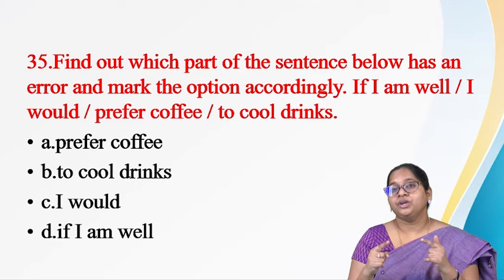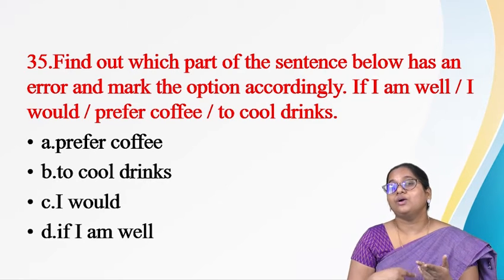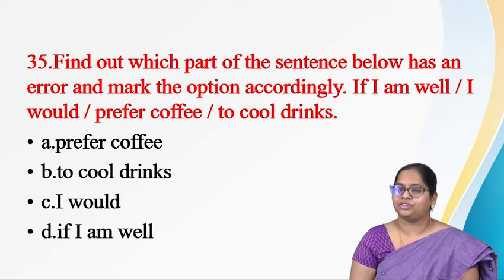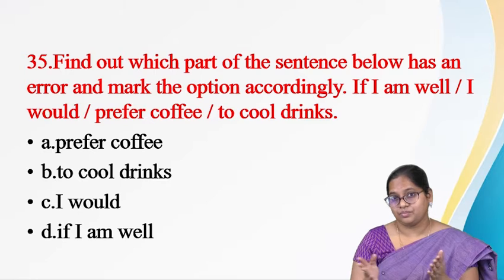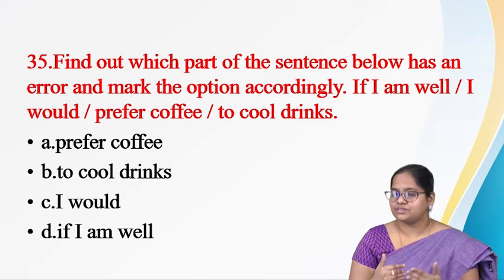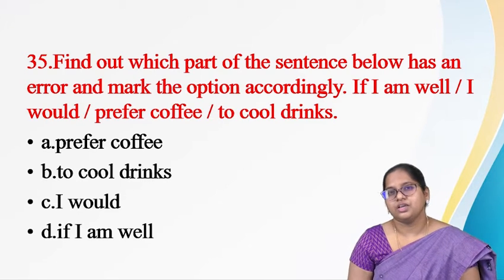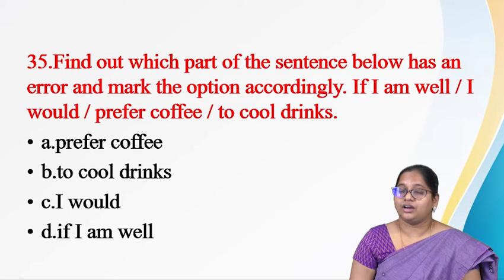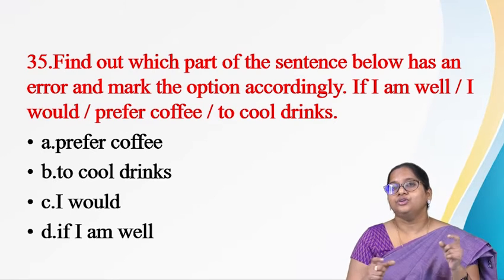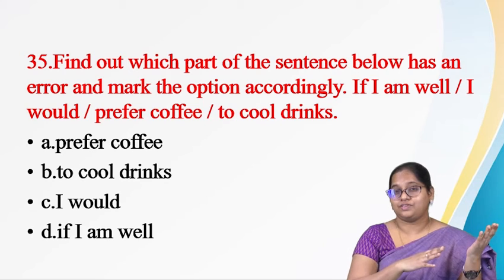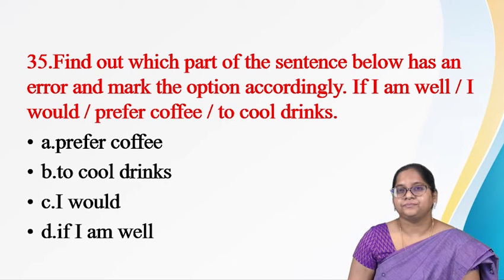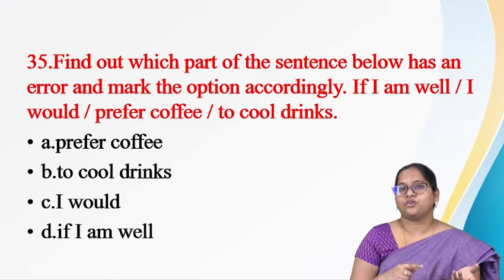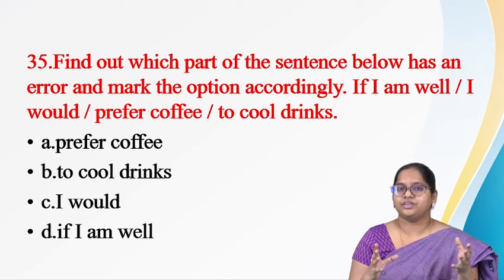Now, similarly, you can say, I prefer coffee to what? What are the other beverages you often find? Coffee and tea, milk, right? And cool drinks, another set of beverages. Coffee is something hot, and you won't suddenly shift to cool drinks. You prefer coffee to other hot things, similar things.